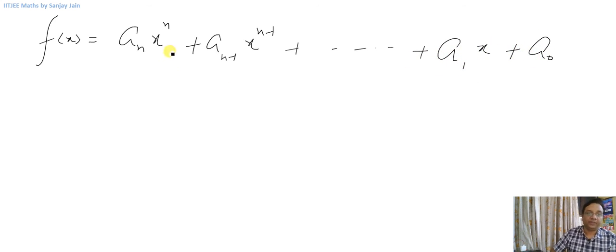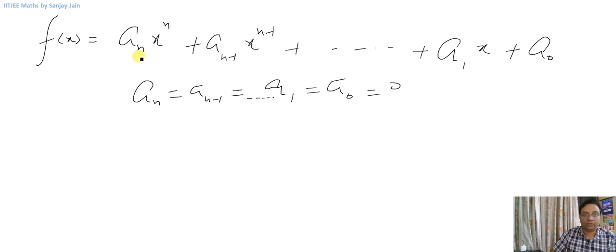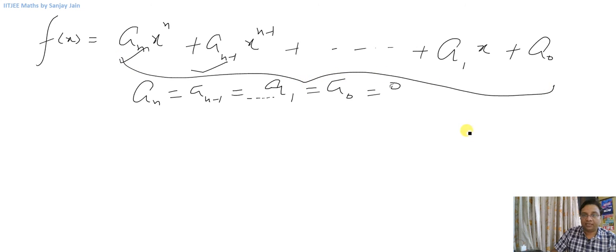Now if all these coefficients are 0, right, then what will I have on the right hand side? I will have 0. Then this polynomial is known as zero polynomial.